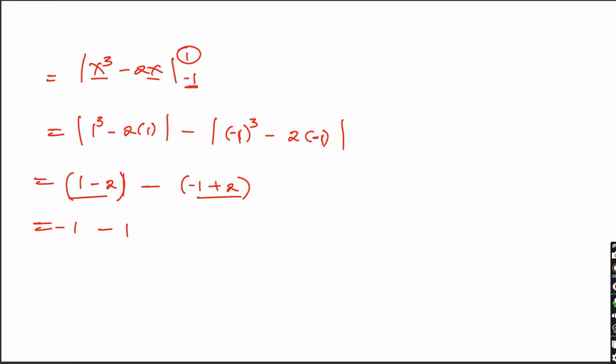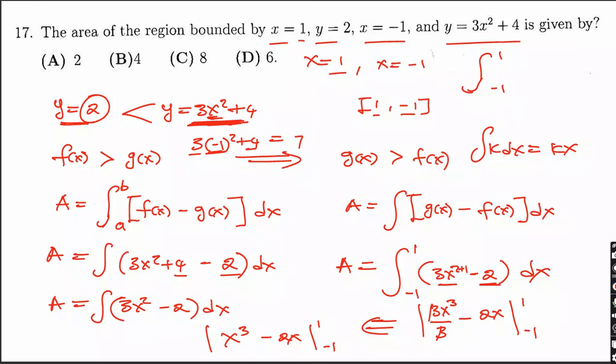Okay, first let me try to go back to the question. So after we had 1 here, we have 3x to the power 3, then over 3.